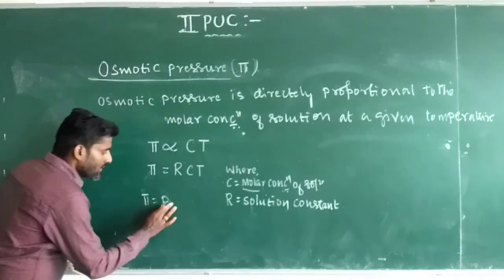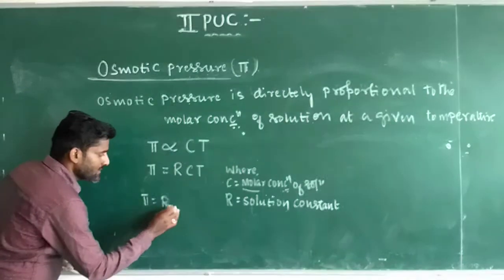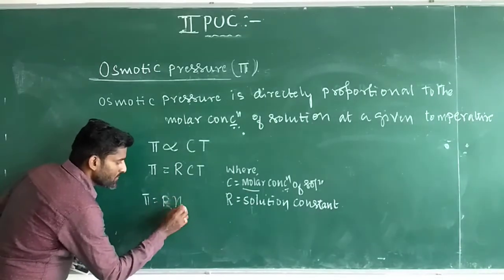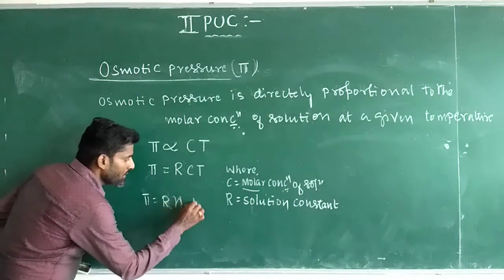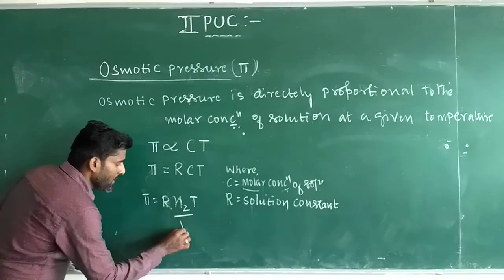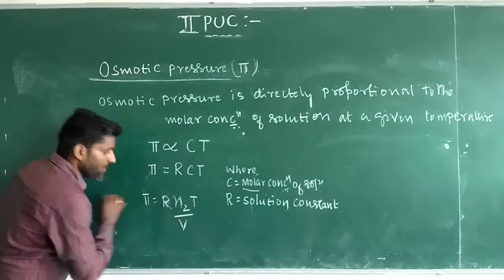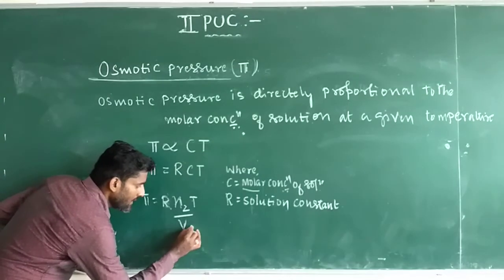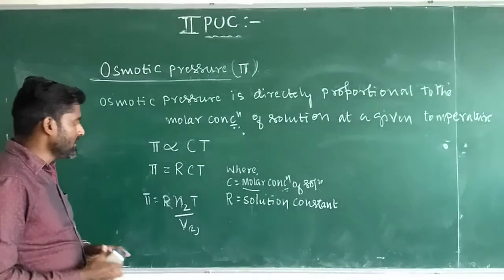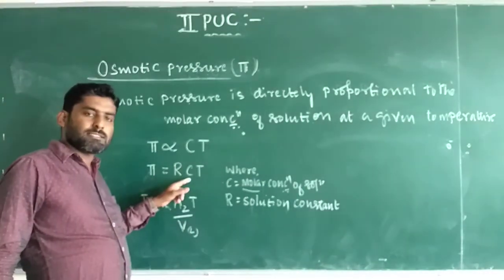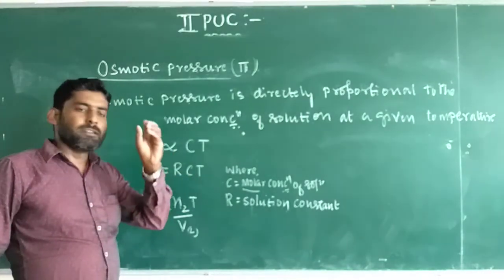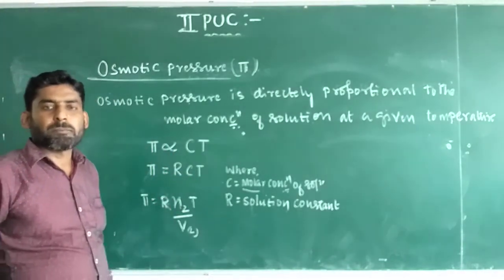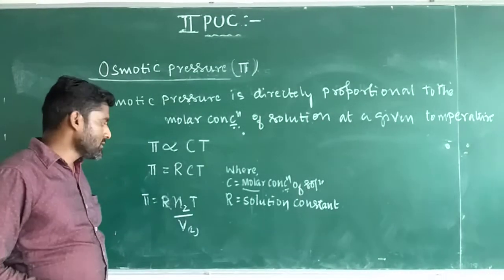So then C can be written as the number of moles of solute, N2, divided by V, the volume of solution in liters. Molar concentration is nothing but the number of moles of solute present in 1 liter of solution.